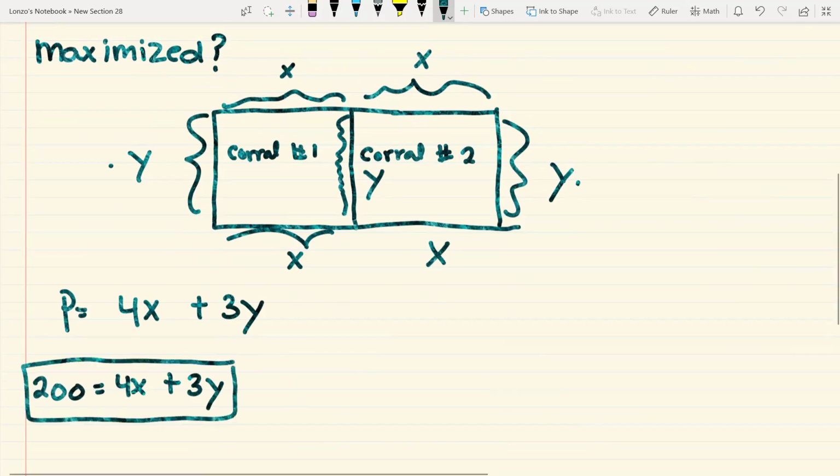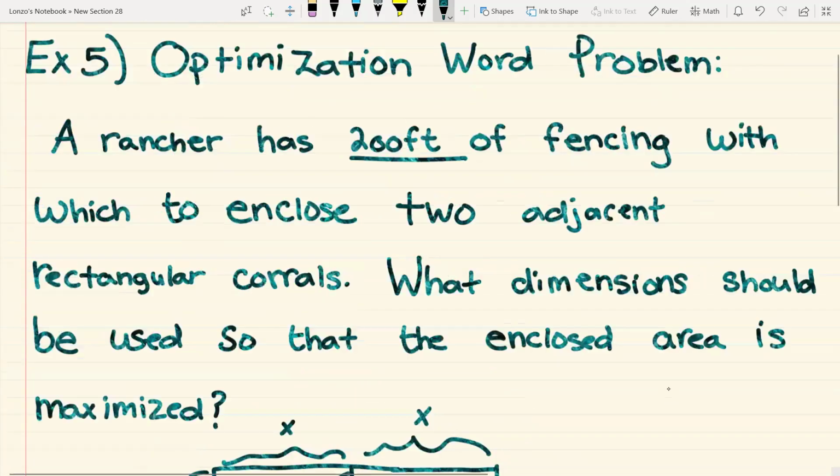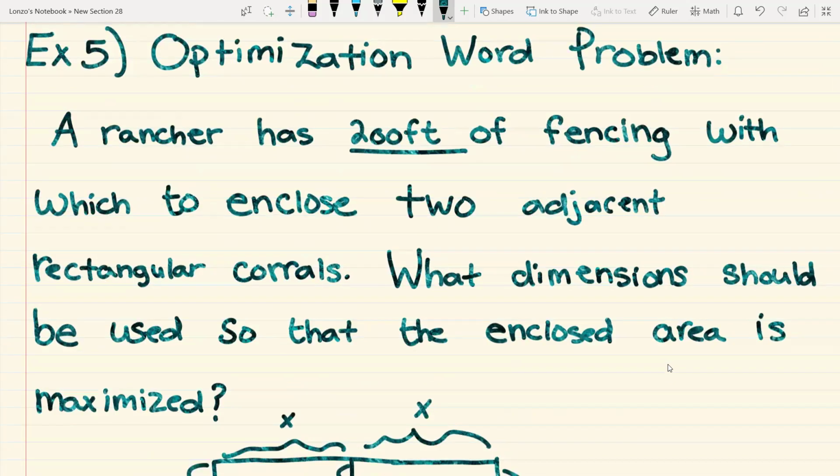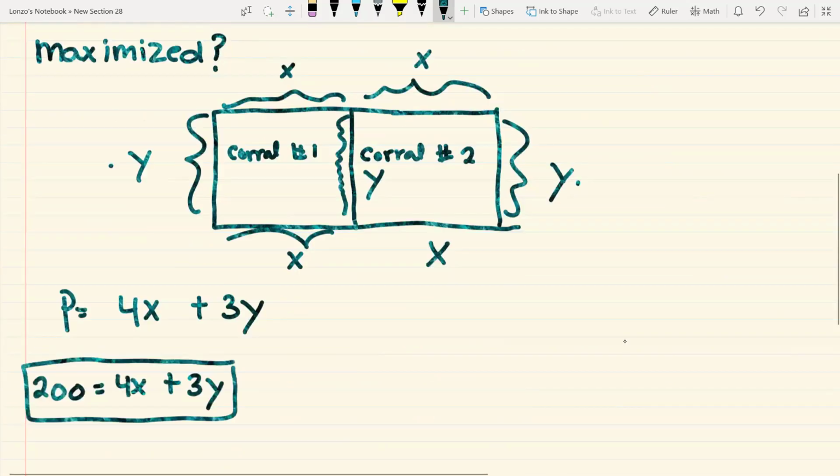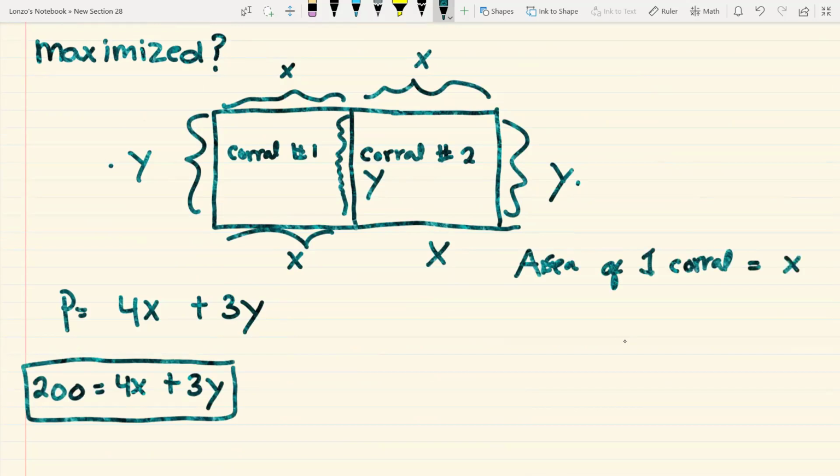And what is our other equation? If we look at what dimensions are used so the area is maximized, now we have to think of area. What is the area of a regular rectangle? It's length times width. So the area of the first corral, or this rectangle, is length times width, so it's just x times y.